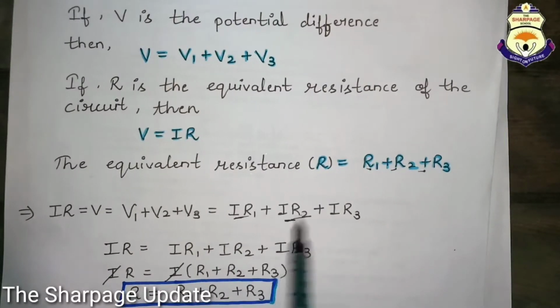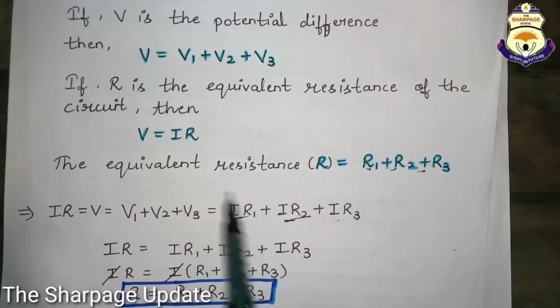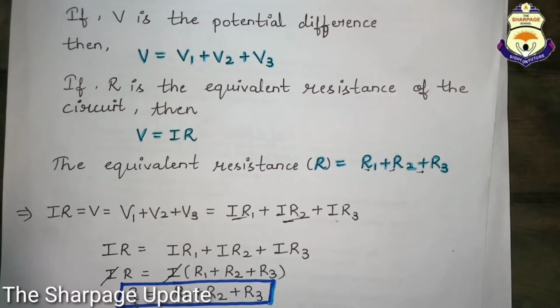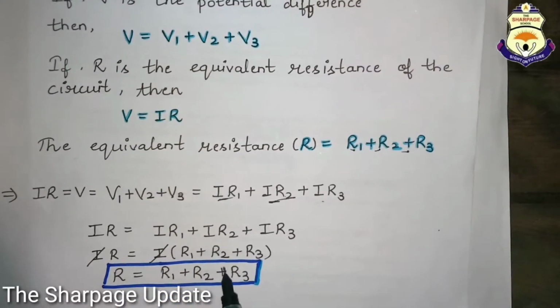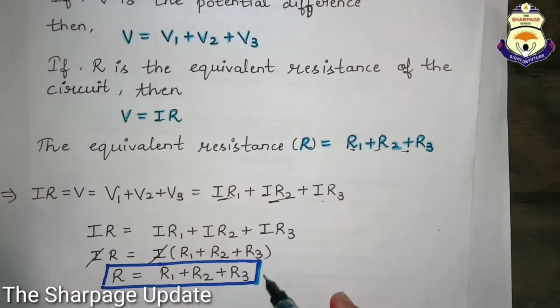By putting the values of V1, V2 and V3 as IR1, IR2 and IR3, we can write the equation as IR equals IR1 plus IR2 plus IR3. As we can see, I is common, so we can cancel it.